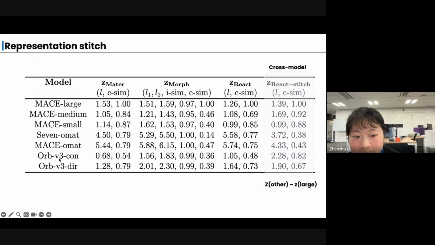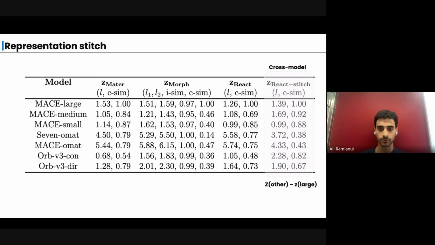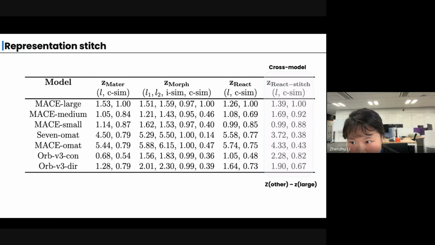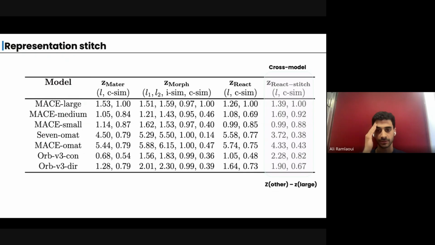Yeah, the other models are also trained on OMAT, but they all agree well. But I don't actually understand why the 7 OMAT model and the MACE OMAT model couldn't stitch so well. And related to this, I'm not sure I understand how this can be used to explain stitching.